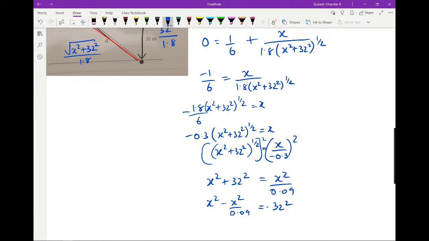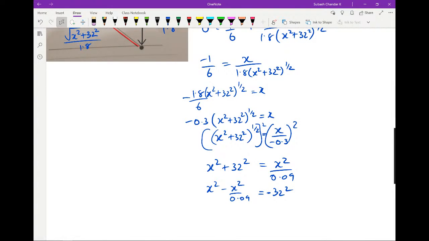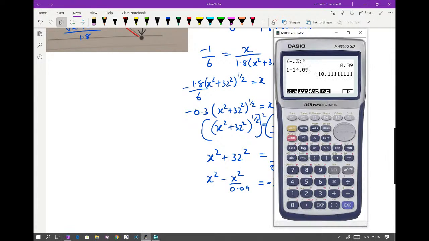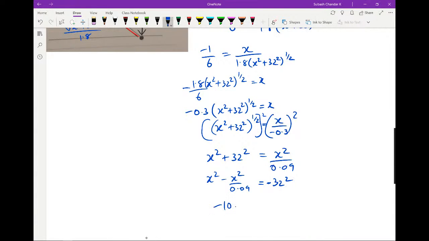Oh, minus. Damn it. It's minus 32 squared. So minus 10.11 x squared equals negative 32 squared. So x squared is equal to 32 squared divided by 10.11.